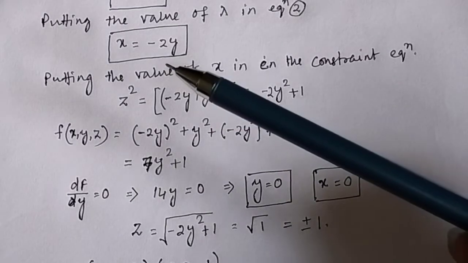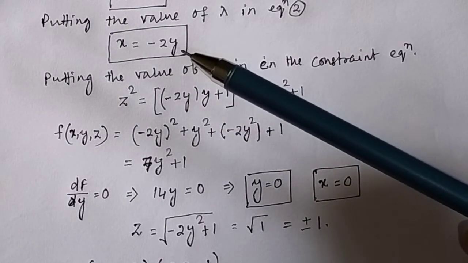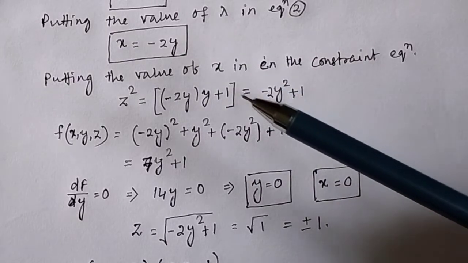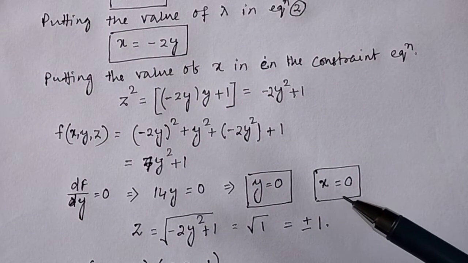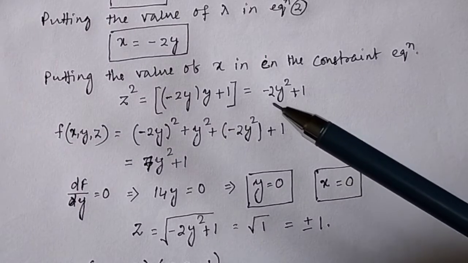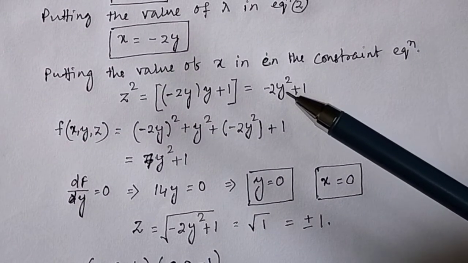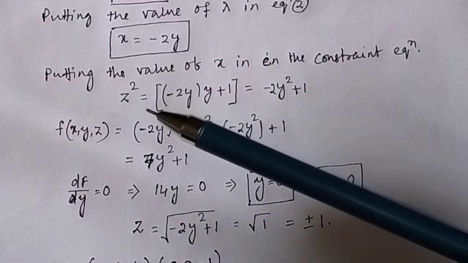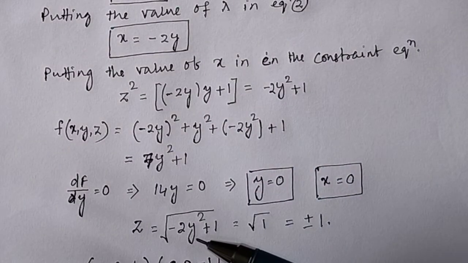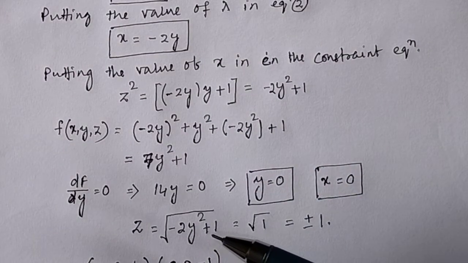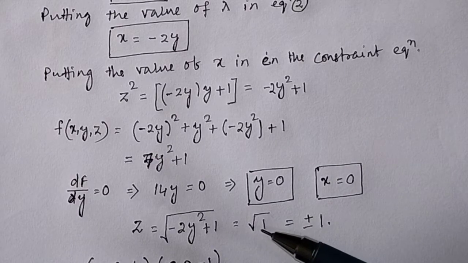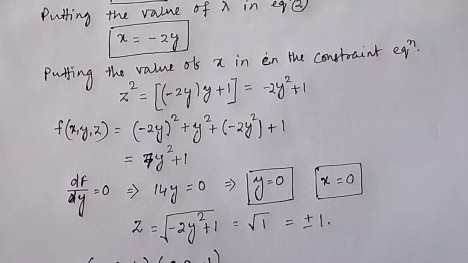And if y is 0, looking at this equation, x will also be 0. Putting y = 0, z² = −2y² + 1 = 1, so z = ±1.